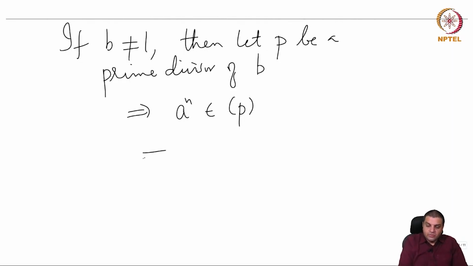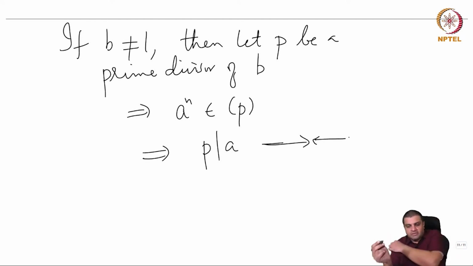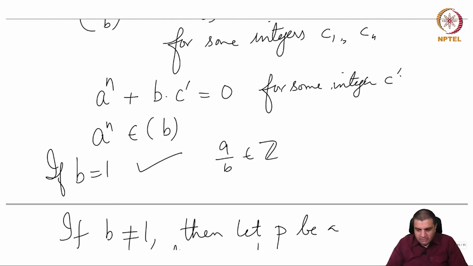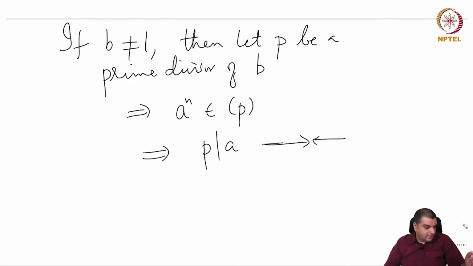Which now implies that p divides a. But this contradicts the hypothesis that a and b were chosen to be relatively prime. So you can essentially rehash this argument to prove that every UFD is integrally closed in its field of fractions, which you will do in the exercises. So let's look at another example.